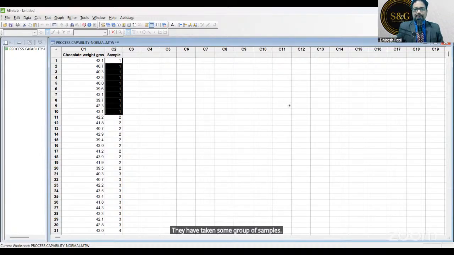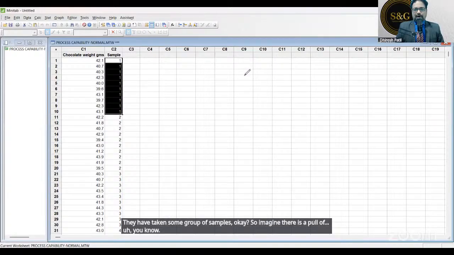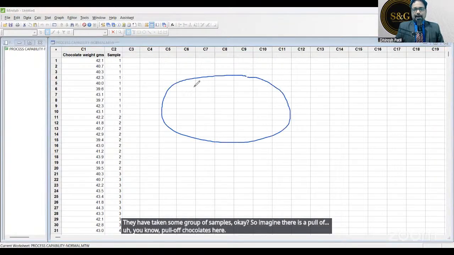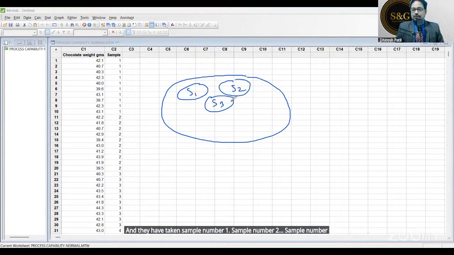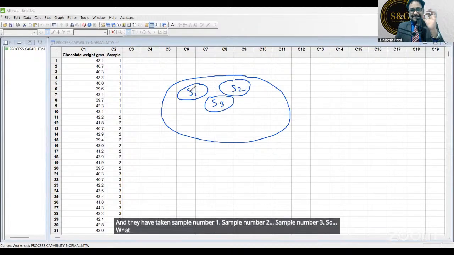Imagine there is a pool of chocolates, and they have taken sample number 1, sample number 2, sample number 3. So within these there is also some variation.